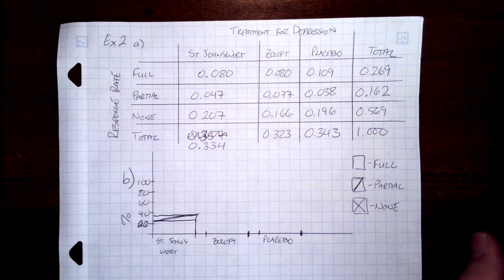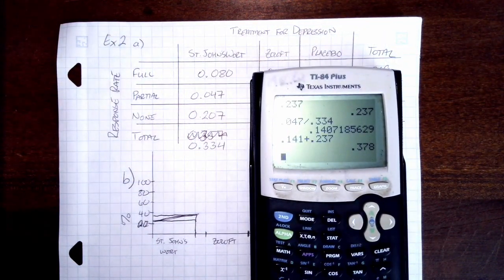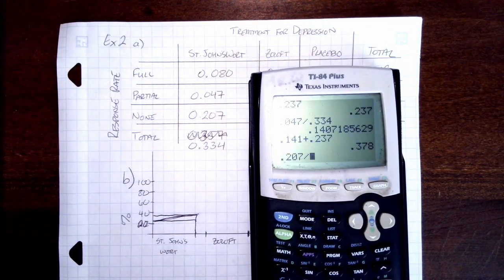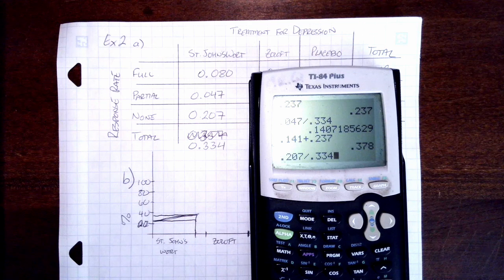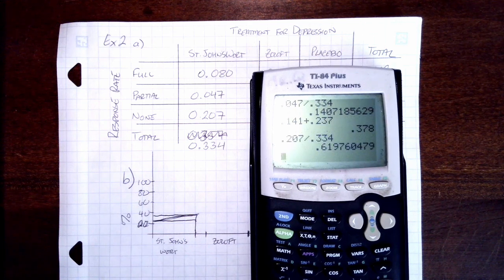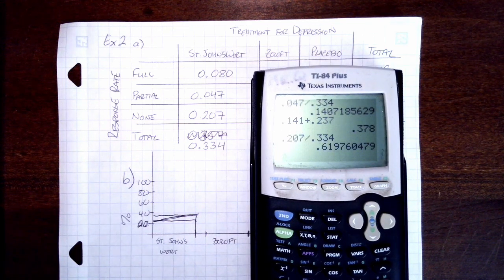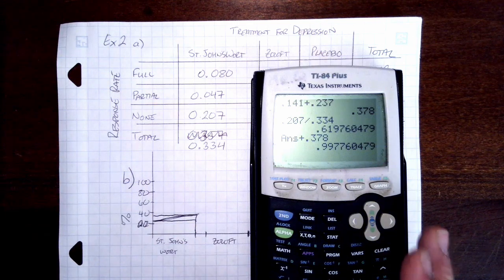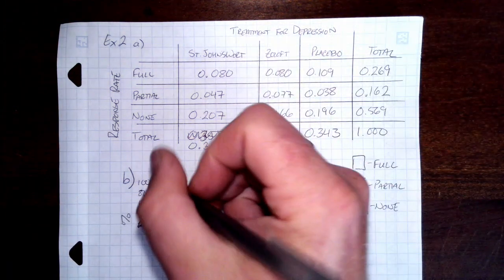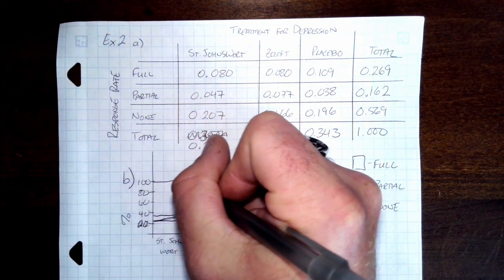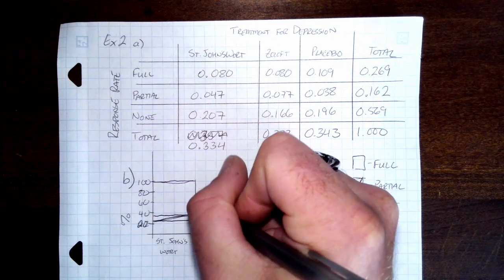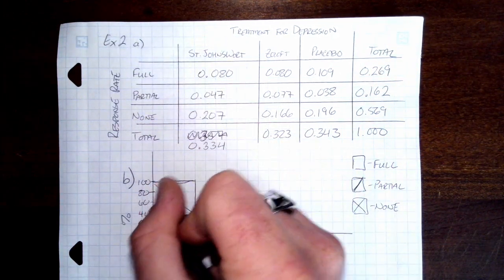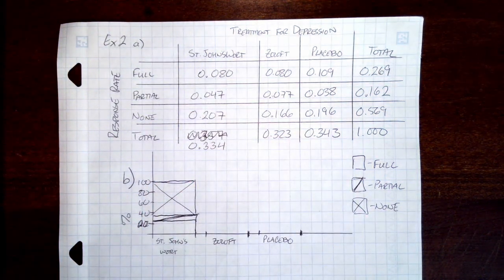And no response should be the rest of them, our 0.207 out of our 0.334, 0.62. If we add what we've already done, we should get something that is very, very close to 1. Again, this is because I rounded a little bit in here. But this is the group with no response.